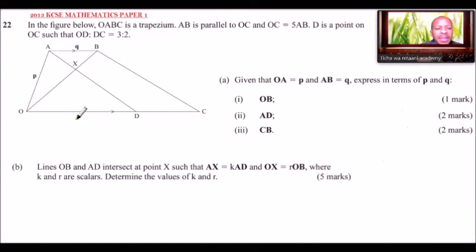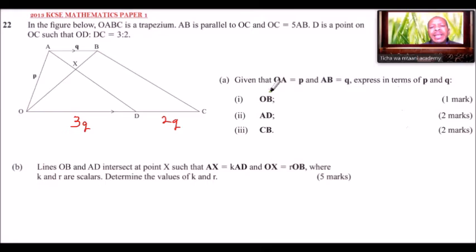We can put this information here. This is 3 and this is 2. Actually, we can say this is 3Q and this is 2Q, because OC is 5 times AB and AB is Q. So this is a vector, and it is important that you put the necessary information on your figure, so that when it comes to working out, you'll be able to see that.